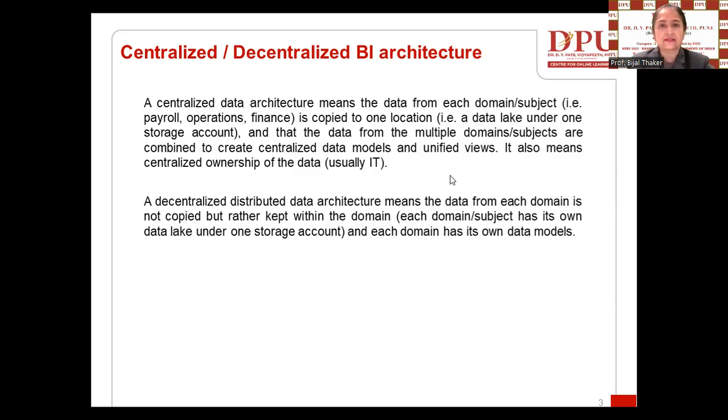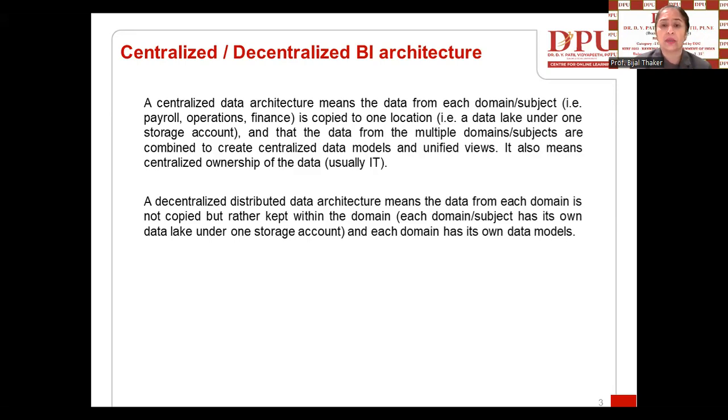When we say centralized system, there will be one central system for your BI deployment. There could be two types of patterns, distributed data pattern or centralized data pattern. If it is a centralized data architecture, it means that data from each domain will be copied to one common location. The access will be given from that.